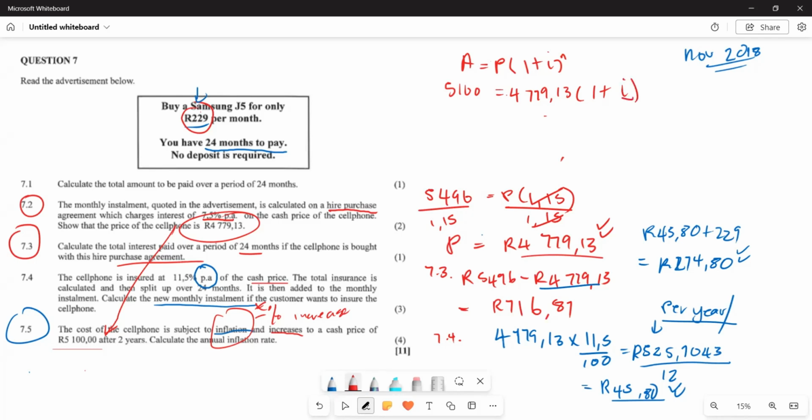To the power of what? To the power of 2, because the n represents the number of years, and this is going to be 2 years. The 24 months means 2 years. And now what are you going to do to calculate this?